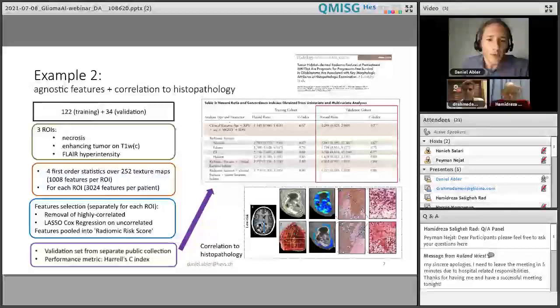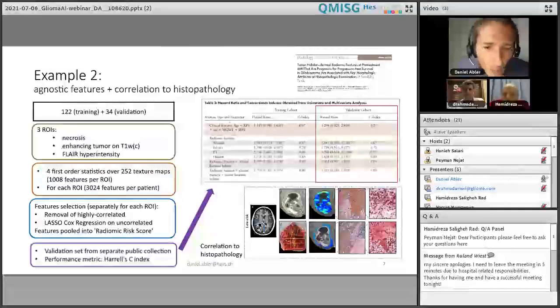I would like to present another example where the model is entirely based off agnostic features. In this case, they've generated for each region of interest over 3,000 features, so a huge number. And again, after a selection process, they derive a model that is predictive, prognostic in this case, for outcome.